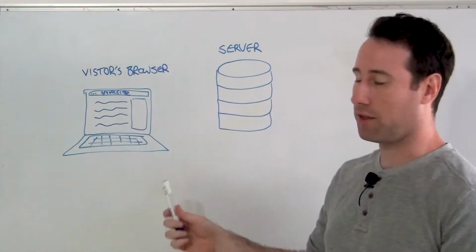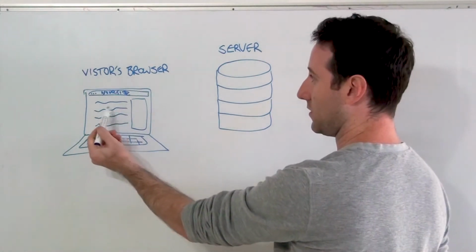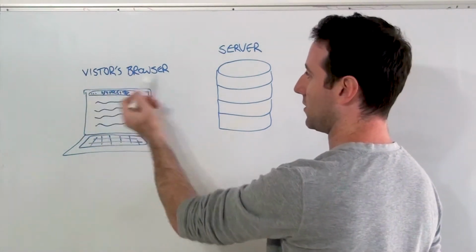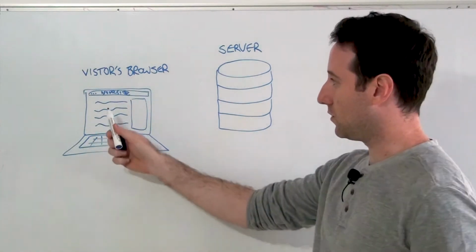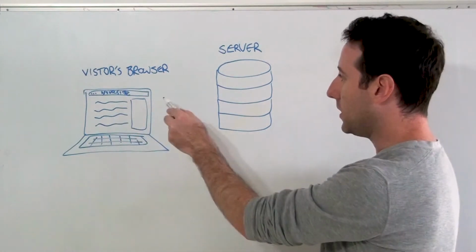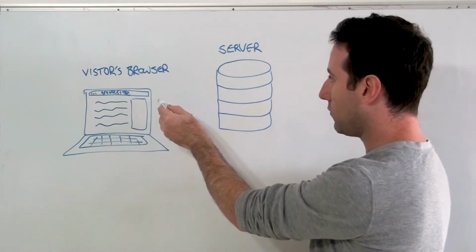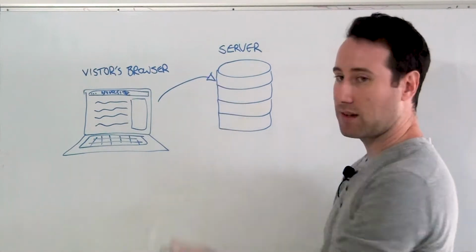Currently with a 301 or 302 redirect, when a visitor opens their browser to your website and clicks on an affiliate link, immediately it travels back to the server as a page request.